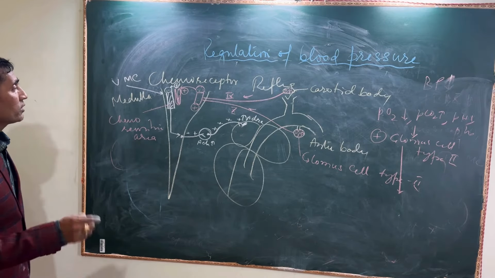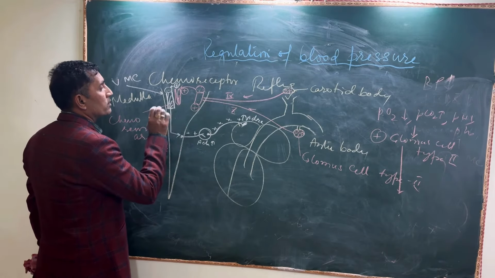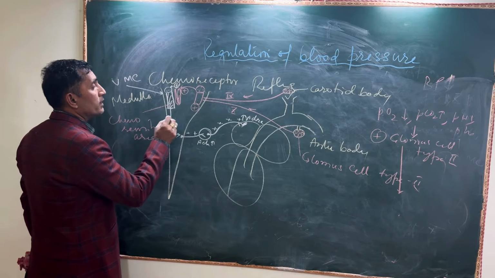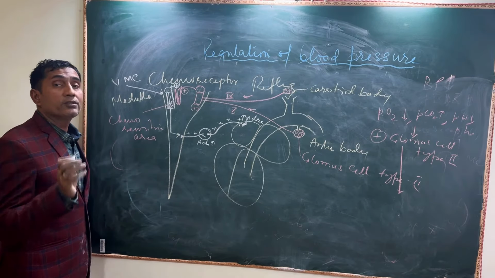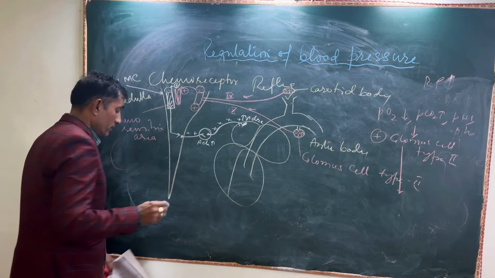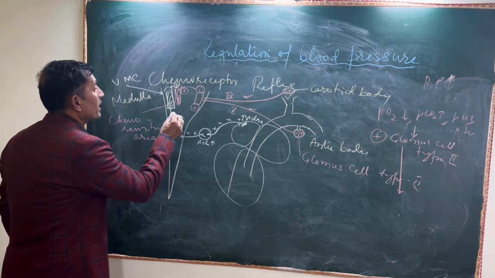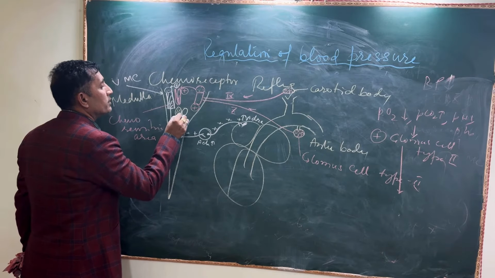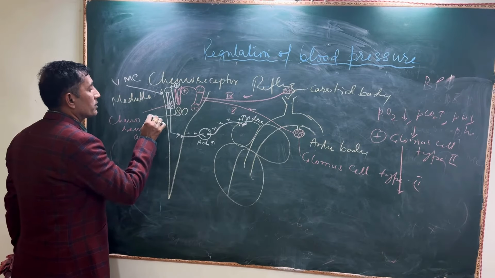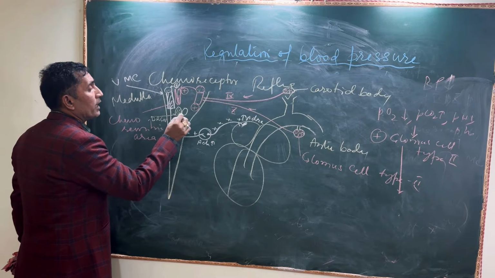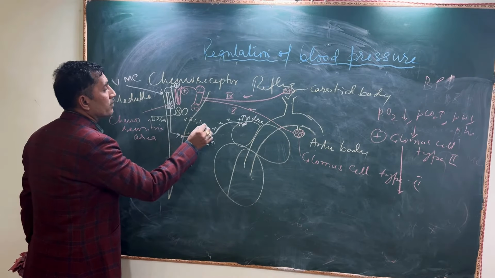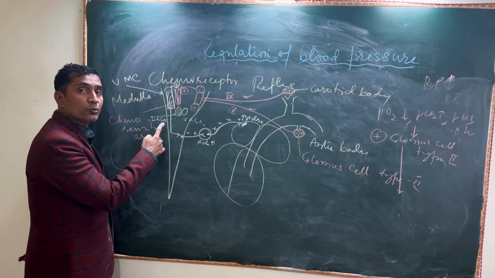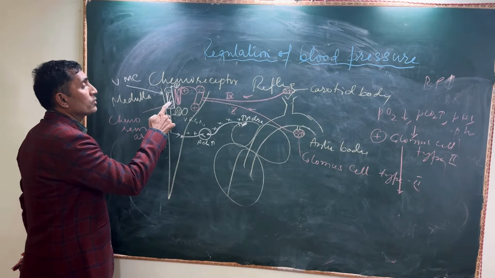Another function is important here that we must know. That is the respiratory center. We have the DRG and the VRG, the dorsal respiratory group of neurons.